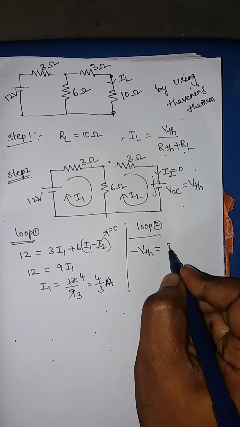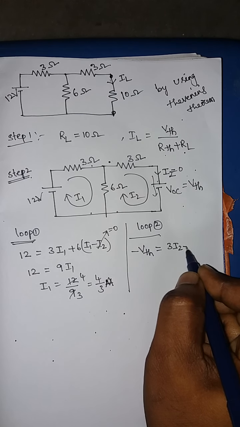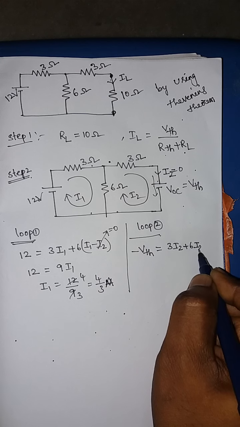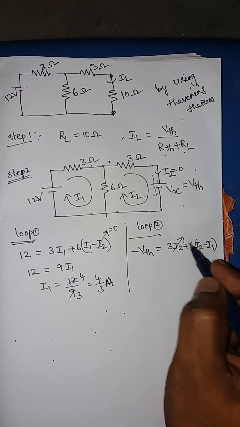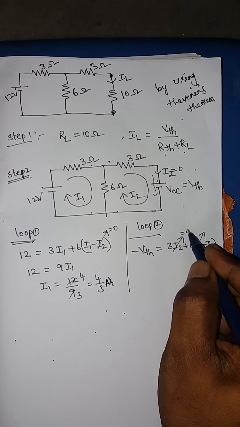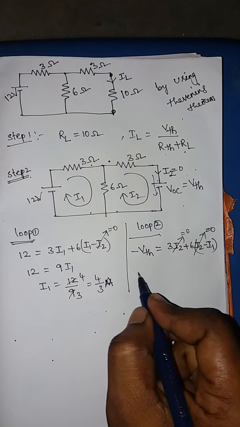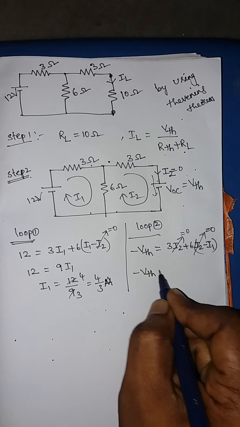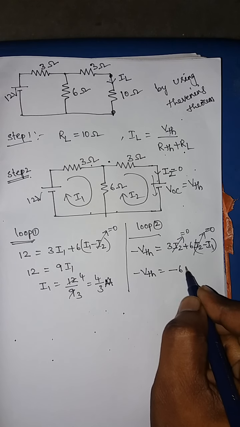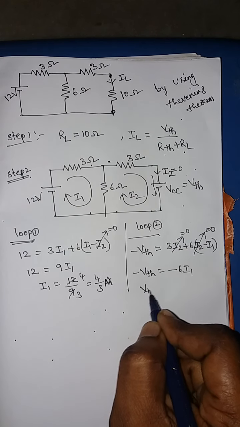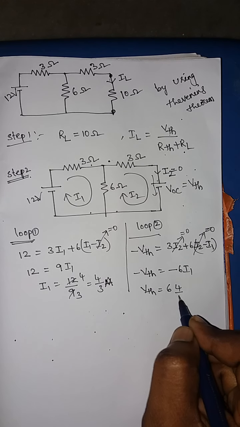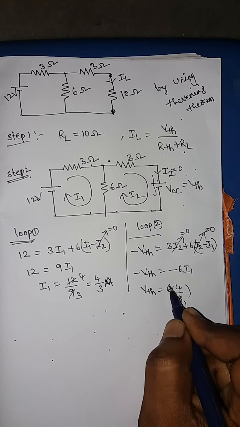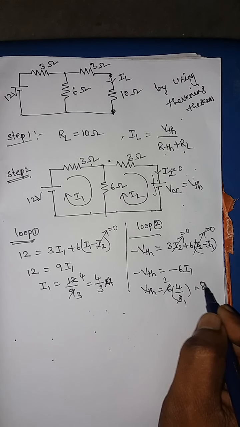Drop in the sense 3 into I2 plus 6 into (I2 minus I1). And you know I2 is equal to 0. Therefore minus VTH is equal to minus 6 I1, or VTH is equal to 6 into I1, which is 4 by 3. 3 twos are 6, 6 into 4 is 24, 24 by 3 is 8. Therefore it is 8 volts.